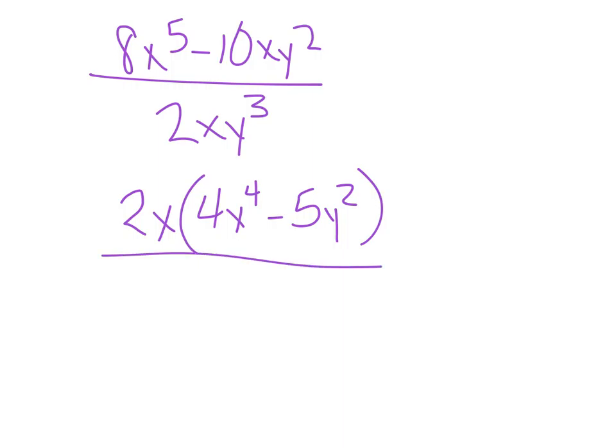And on the bottom, 2x. Now, if I think of this as 2x times y cubed, I can then cancel these out. So at this point now, it is simplified, because there's nothing else I can do here. I can't magically subtract those. There's nothing in common. The y cubed on the bottom. That is it. Now, I have to figure out the excluded values.